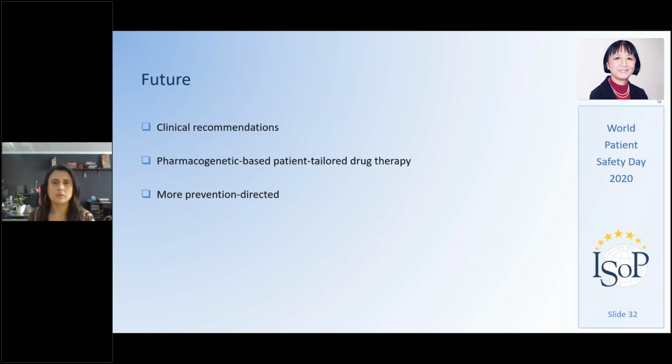Then you use genomic technology, for example a GWAS, genome-wide association study, to find any differences in genes between these patients and the controls, comparing with patients who do not have the reactions, and you identify a particular allele that stands out.